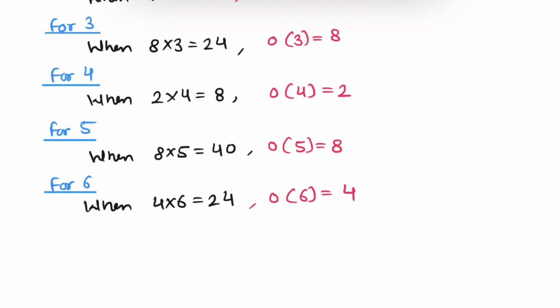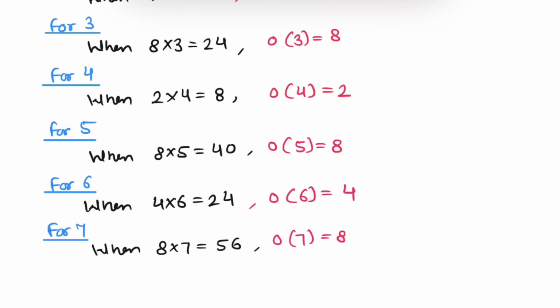For element 7, when 8 is multiplied by 7, this equals 56, and 56 is divisible by 8, hence the order of 7 is 8.